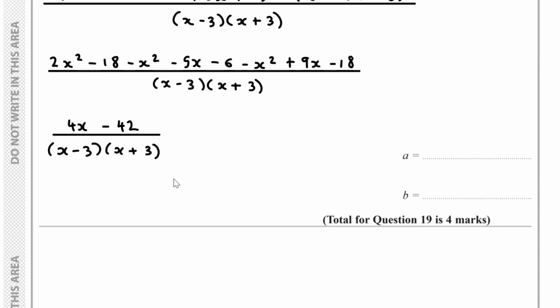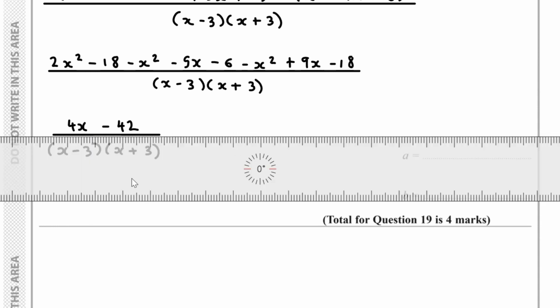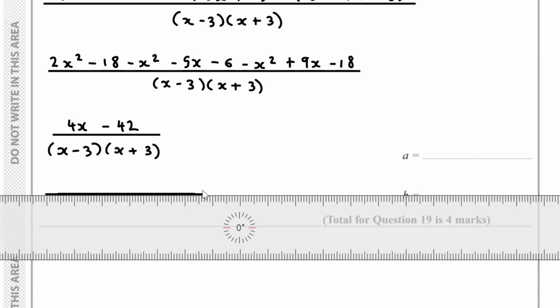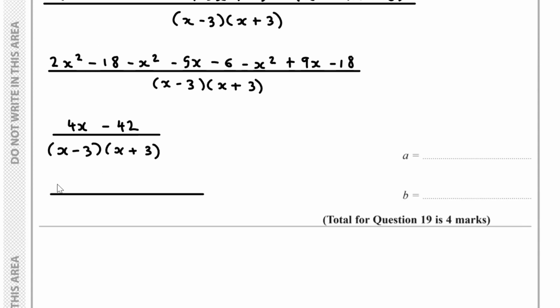So, on the bottom, if we expand the bottom, what we end up with is x minus 3, and then x plus 3 on the bottom, and on the top we've got 4x minus 42.